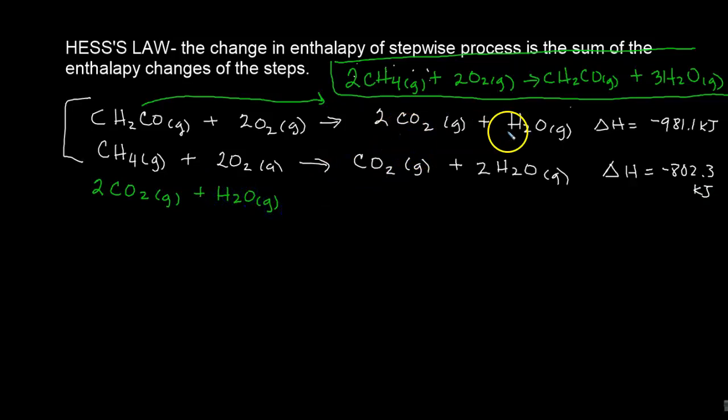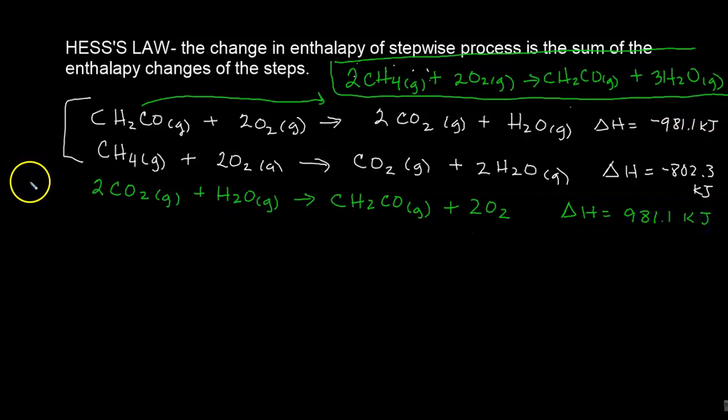I'm taking this piece, the products, and they're becoming the reactants. And now I'm moving the reactants to the product side. So I just flip-flop those. And remember, the rule was when you flip-flop those, you change the sign of the heat of the reaction. Okay, so there's my first step. That's the first one I've used.